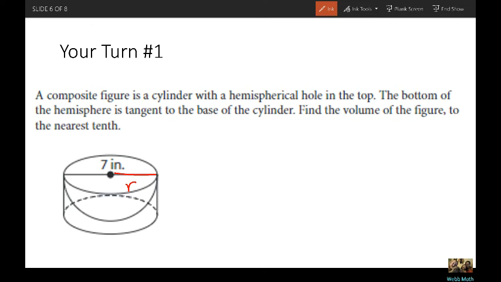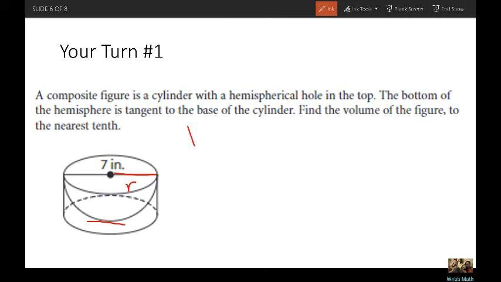And then basically, again, the hemisphere is being carved out of the cylinder. The hemisphere is tangent to the base of the cylinder. That means they're literally just touching flat on there. So we know that their radiuses for sure are the same. So find the volume of the figure to the nearest tenth.